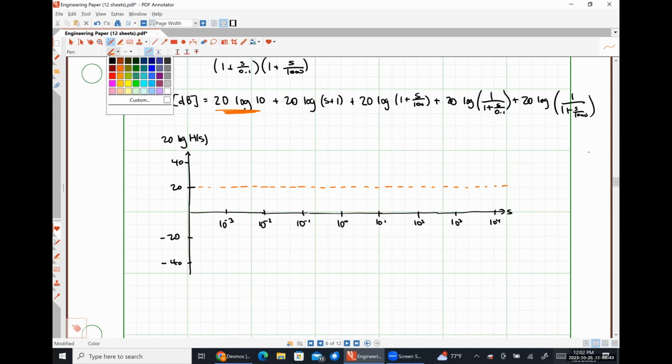In this bright green color, let's do 20 log of S plus 1, right? So 20 log of S plus 1 is going to look like 0 decibels until we get to S equal to 1. And then we should have a slope of positive 20 decibels per decade.